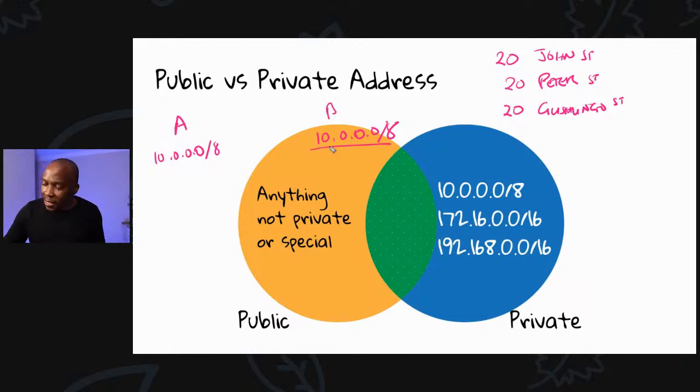Because these IP addresses are not routable on the internet, which means that internet routers, when they see a subnet of 10.0.0.0/8, they drop that traffic. They don't bother routing it because they are private IP addresses. So all of us can have this small portion of IP addresses that we can use for our internal networks.